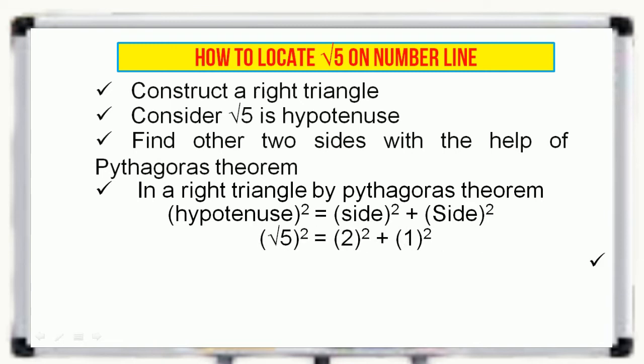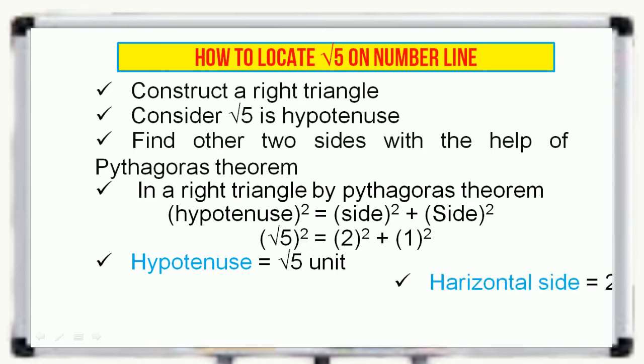Root 5 units whole square is equal to, on LHS, 5. By taking one side as 2 units and another side as 1 unit, we get RHS also 5. So 2 square is 4, 1 square is 1, 4 plus 1 is 5. Therefore the hypotenuse is root 5 units, the horizontal side is 2 units and the vertical side is 1 unit.